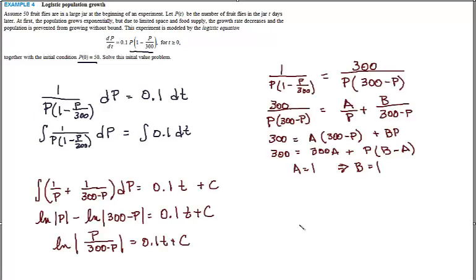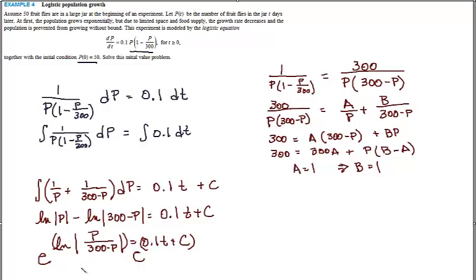Alright, let's go through what I've got so far. So I did the partial fraction decomposition, and I got 1 over p. Oh, first up, I wanted to get rid of this 300 in the denominator, so I did multiply through by that just to get rid of that. Made things look better. And then I integrated both sides, and now I'm sitting here. So the next thing I'm going to do is raise each side, let e be my base for each side, so it's going to look like this.